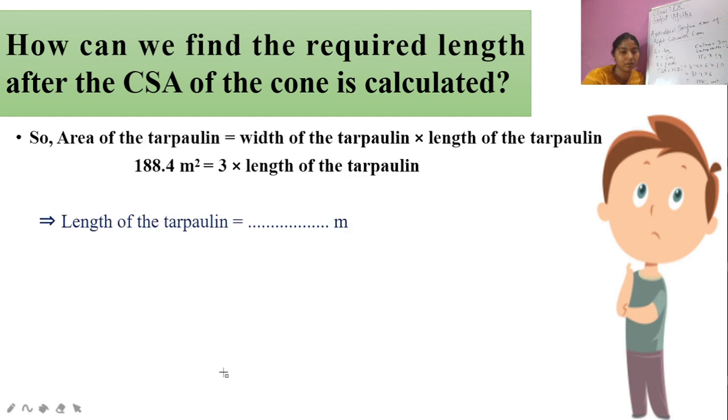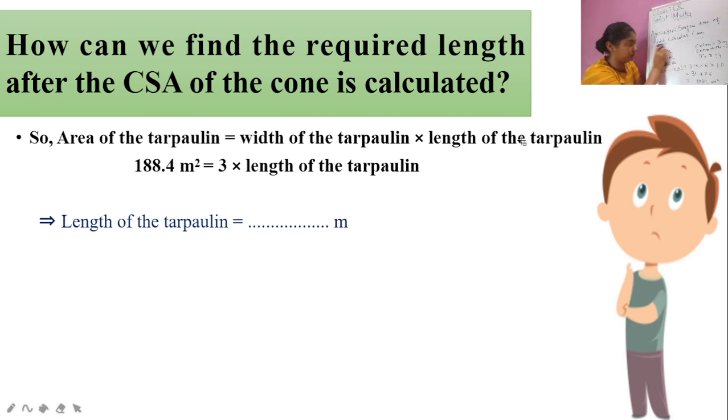Okay, so we have extra length for it. So this is the area we calculated. So we have a width which is given to us as 3 meter. So we will calculate the length of trampoline required for it. So we will multiply the width and length for that purpose, because it is in the rectangle shape now.